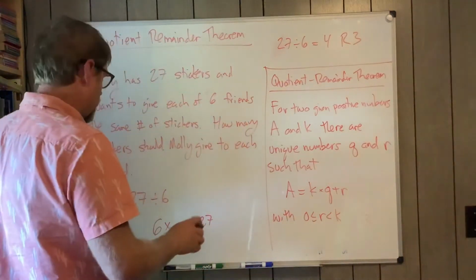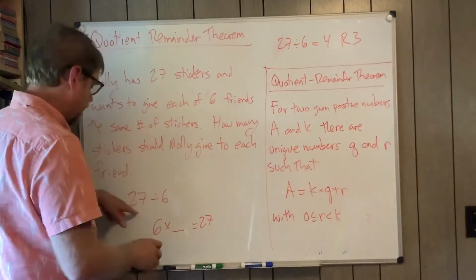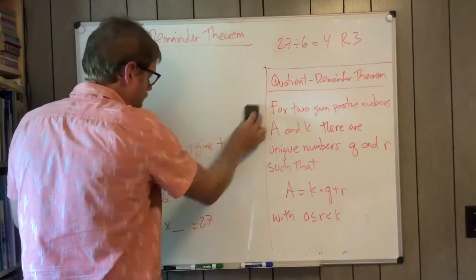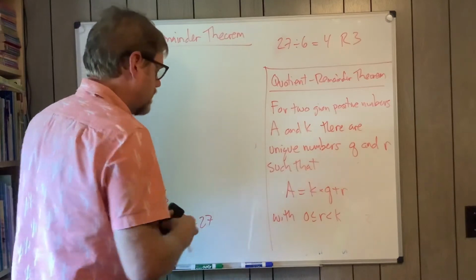So first of all, I want to show what happens with an example like 27 divided by 6. And I should point out there's no division here. Why? Well, what do we have?